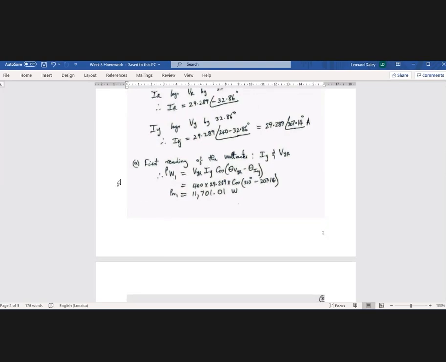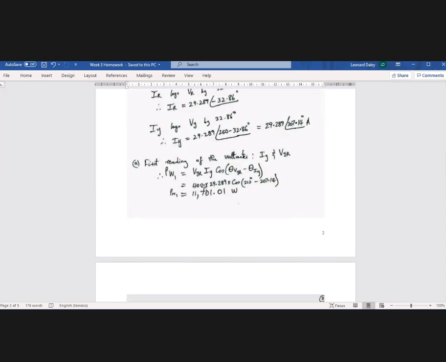All right. Now, the first reading that the wattmeter had was when it was reading IY and VYR. So put that in my equation for the power that the wattmeter is reading: VYR times IY cosine of the angle for VYR minus the angle for IY.